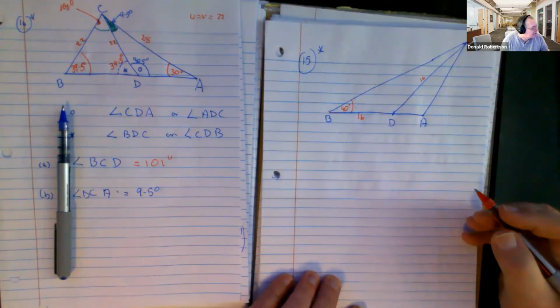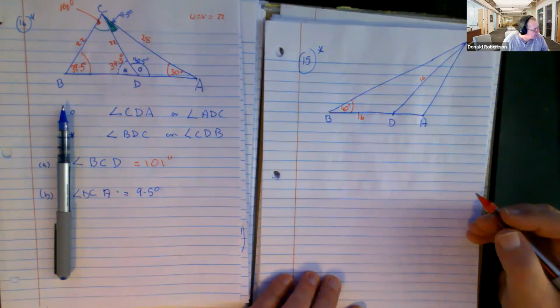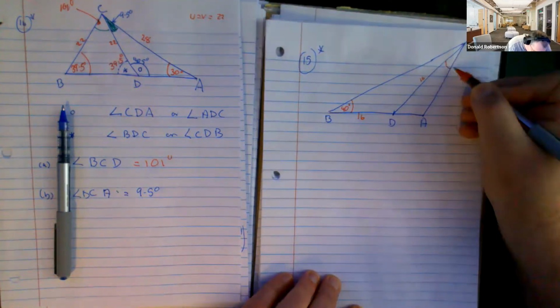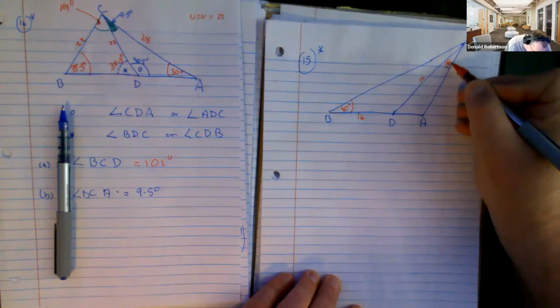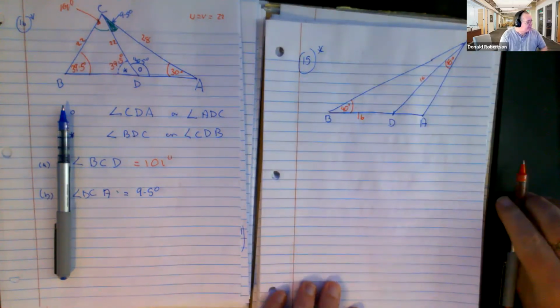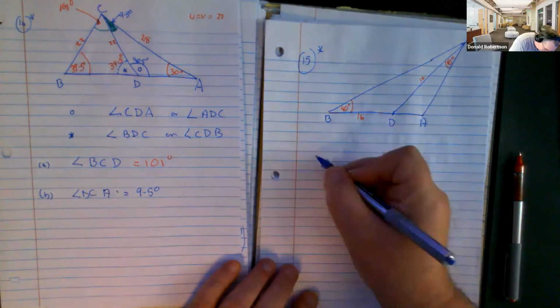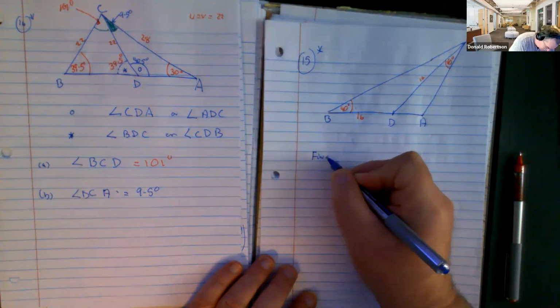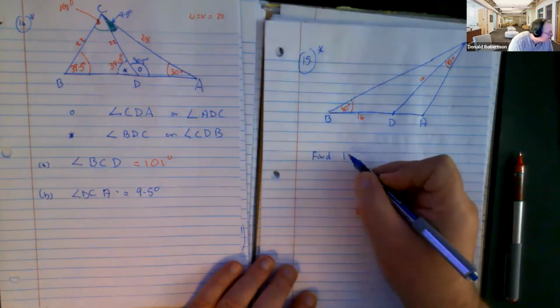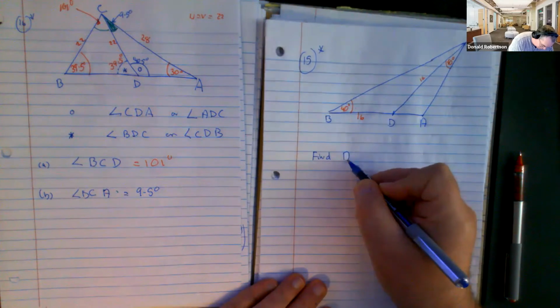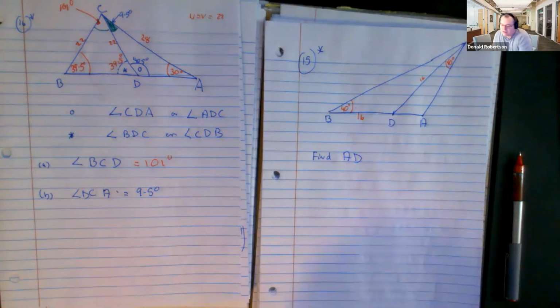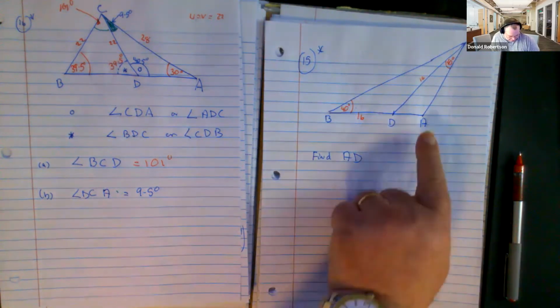And they tell me this angle in here is also 40 degrees. And we're being asked to find a side. So when they give you two letters, it means it's a side. And when they give you three letters, doesn't it mean it's an angle? So we are being asked to find this guy.